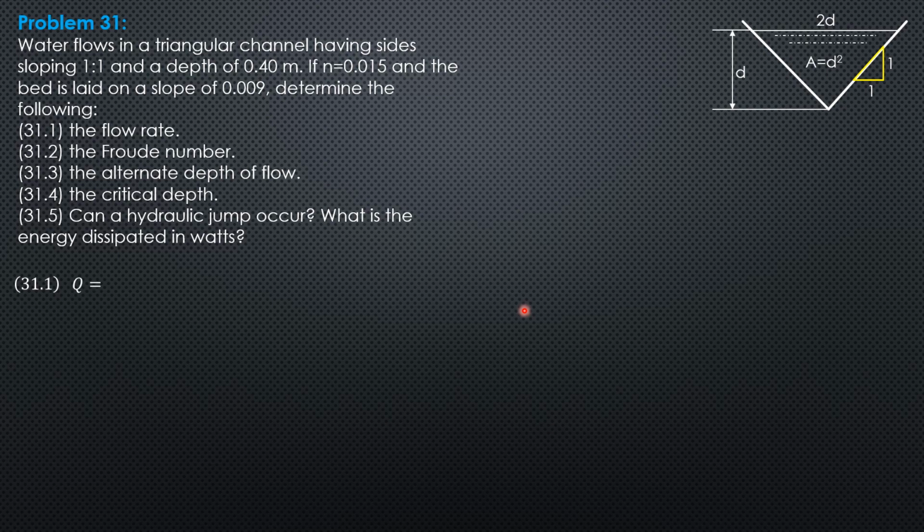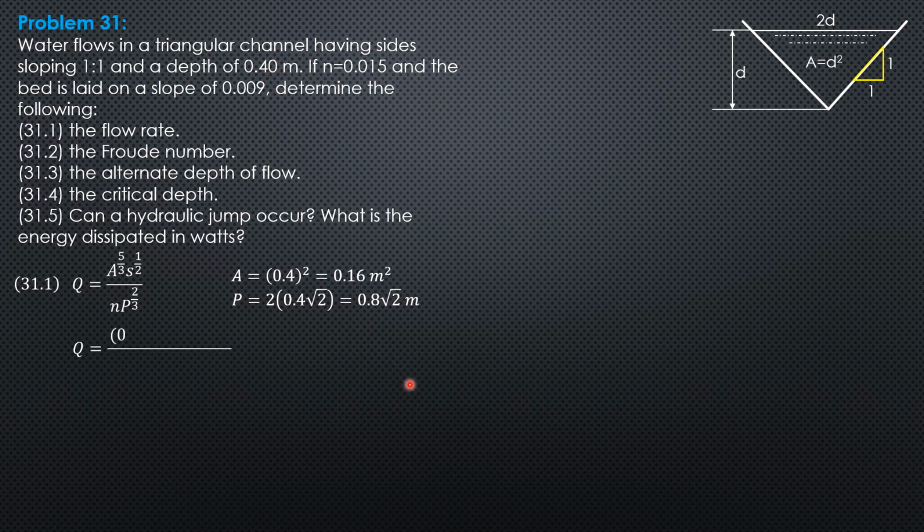So Q is area to the 5/3 times slope to the 1/2 over n times perimeter to the 2/3, where the area is 0.4 square or 0.16 at this section here. Then the perimeter is d square root of 2, d square root of 2, so 2d square root of 2. 2 times 0.4 square root of 2 is 0.8 square root of 2 meter for this section, and the depth of flow is 0.4.